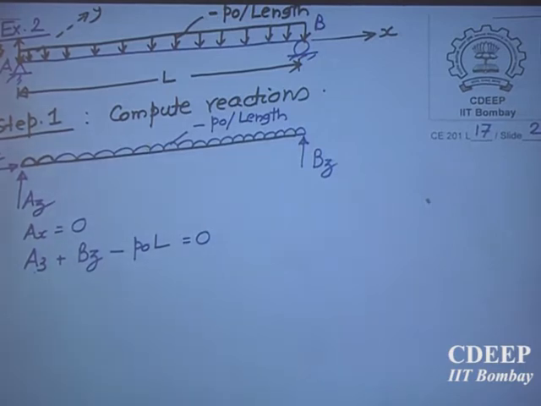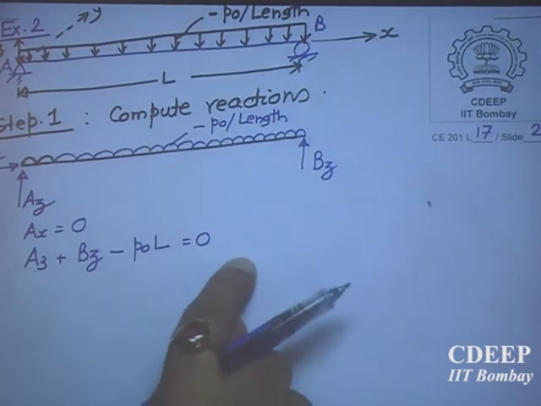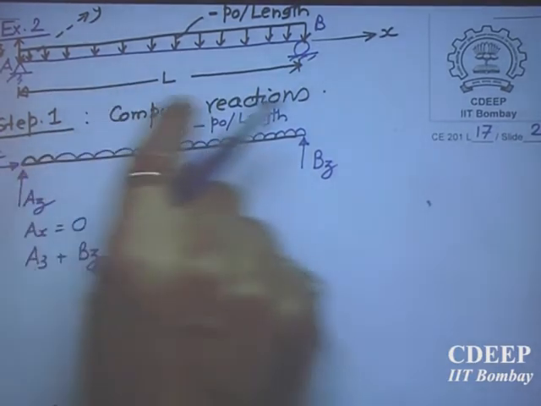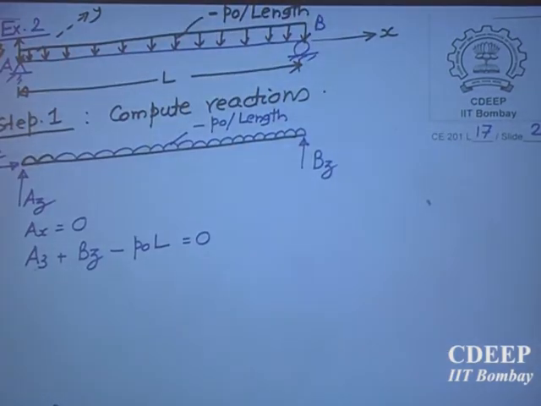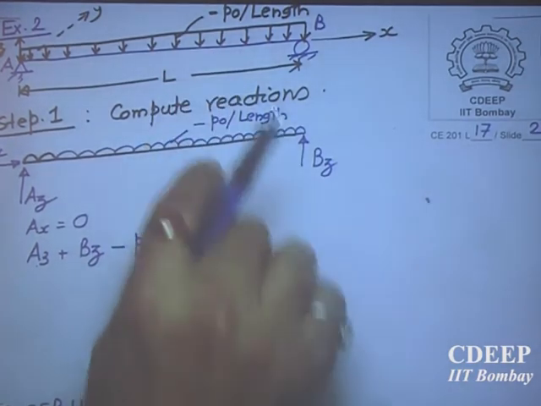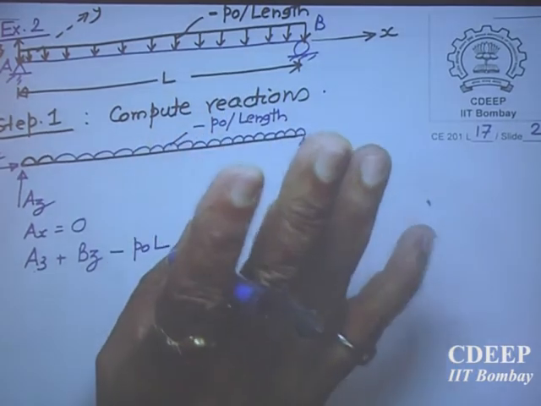Physics is important. This says Az plus Bz equals P naught L. How will equilibrium be maintained? If the load is acting downwards, then the total load must be balanced by the two reactions. So this sign is okay. If you take the minus blindly, you must still understand the physics.